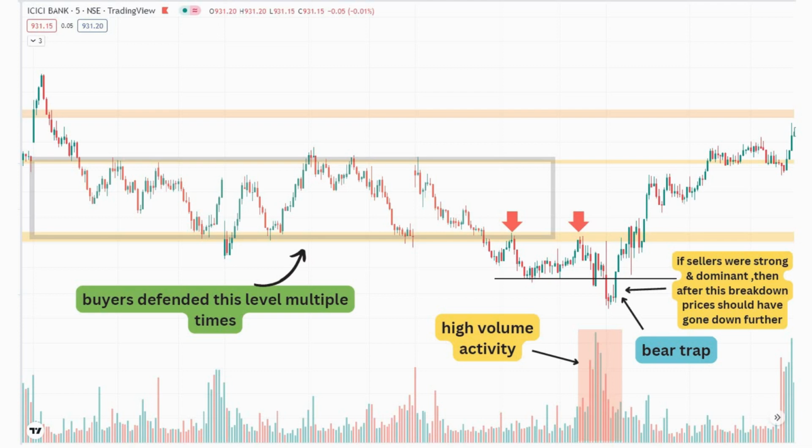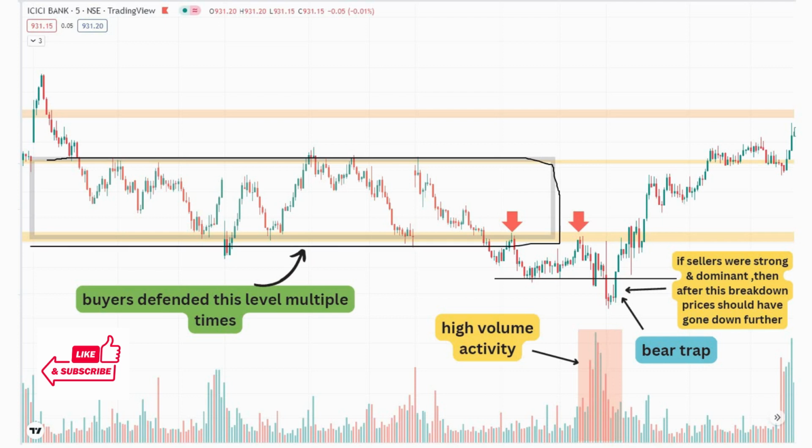This is the ICICI Bank chart on the 5 minutes time frame. As you can see, ICICI Bank is in a downtrend. It is indicating that supply is much stronger than the demand side, which is why prices are going towards the downside. Now here prices created a range. After the strong sell-off, buyers tried to defend this level and push the prices towards the upside.